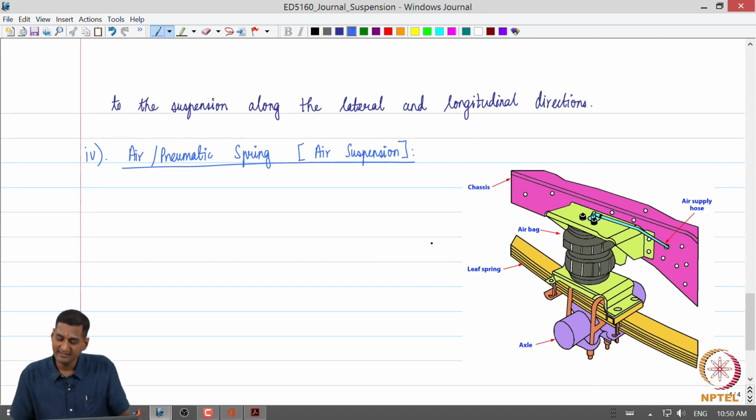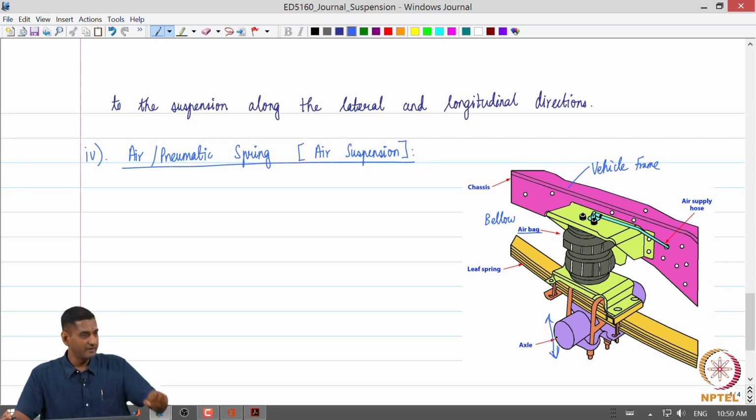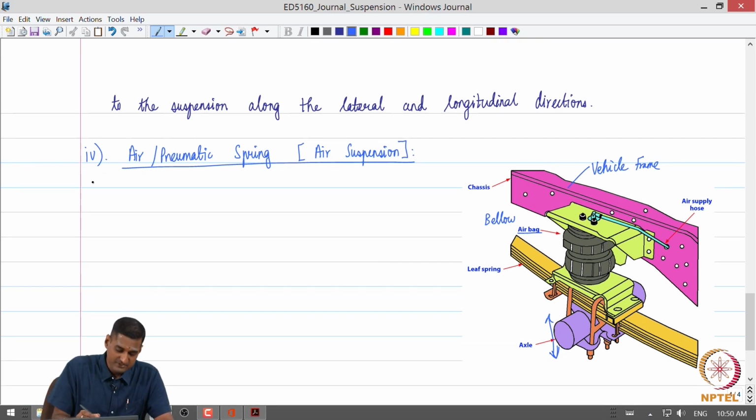So, what happens is that we have what is called an airbag or a bellow, which is filled with compressed air, and that is placed between the axle and the chassis or the vehicle frame. As the axle vibrates due to the vibration of the wheels, the compressed air in the bellow absorbs the vibrations because of the compressible nature of the working fluid, which is air.